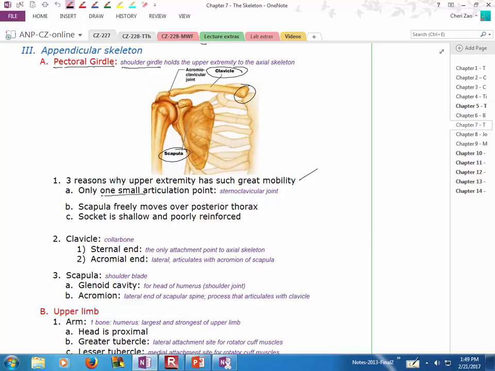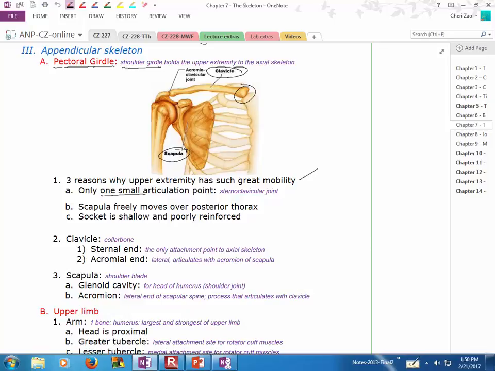Subscapular fossa is anterior. And it's big and flat. And in the subscapular fossa, you guys are going to learn, there is a muscle called the subscapularis muscle. So that's why you have to actually learn your bone names, because a lot of our muscles are named for where they're located, like the temporalis muscle. And the subscapularis muscle is named for the subscapular fossa.